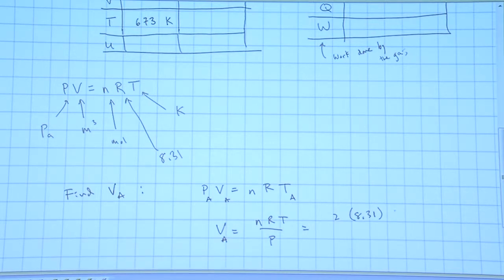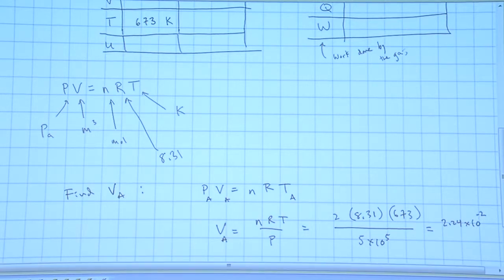8.31, 673 Kelvin, and the pressure was 5 times 10 to the 5th pascals. And I end up with 2.24 times 10 to the minus 2 meters cubed.